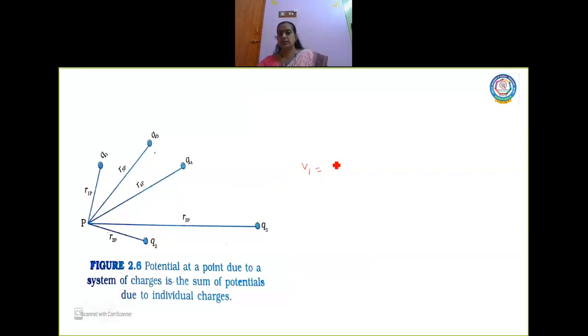I can write the potential with respect to charge q1 at P as 1 by 4 pi epsilon naught, q1 by r1P, where r1P is the distance from P. Similarly, the electric potential due to the charge q2 is q2 by r2P. Similarly, for the charge q3, it is 1 by 4 pi epsilon naught, q3 by r3P.